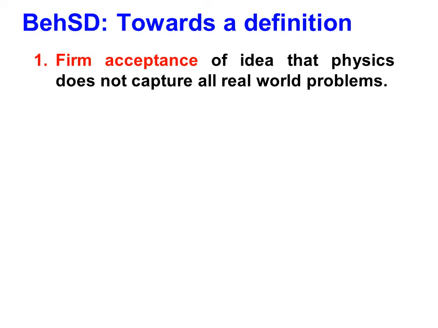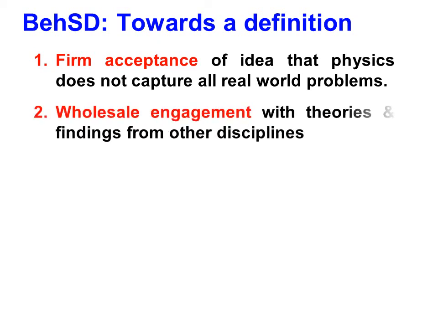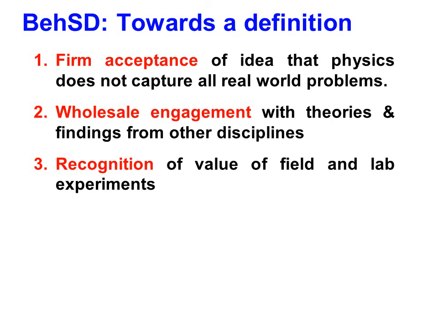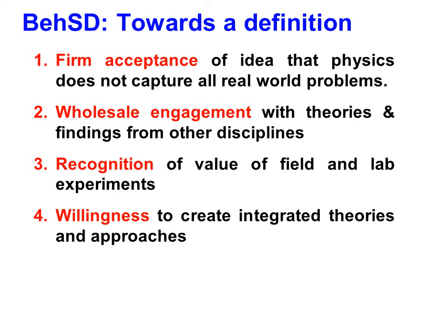Secondly, the technocratic view is faulty, not because it is incorrect, but because it is incomplete, as Tinker and Lowe put it. You need a wholesale engagement with theories and findings from other disciplines, and combining 1 and 2, you need a recognition of the value of field and lab experiments, and a willingness to create integrated theories and approaches using 1, 2, and 3.